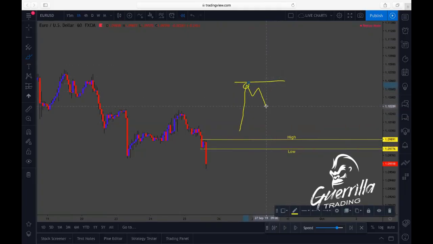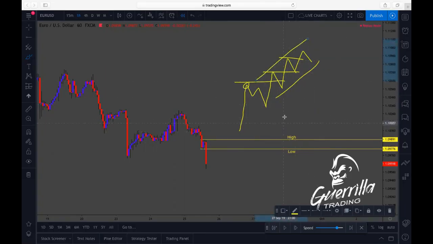But if price comes up and then retraces, breaking the high and retracing, breaking the high and retracing, this is showing us that we've started with an impulse, we've got a continuation pattern, but as soon as we broke this most recent high, we've pulled back, giving us an ascending channel.